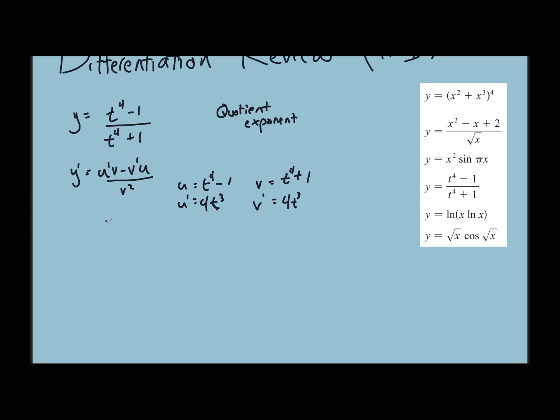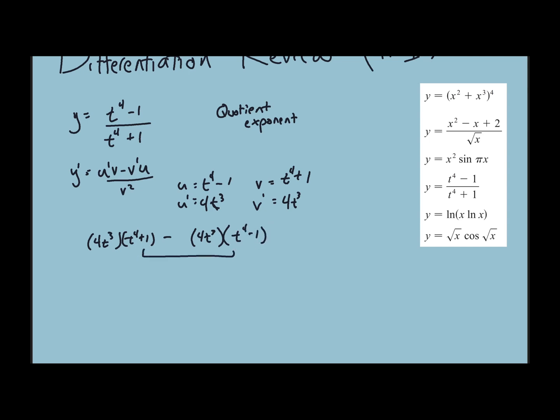So u prime v, we get 4t cubed times t to the fourth plus 1 minus, that's u prime v minus v prime u, so it's going to be 4t cubed again, t to the fourth minus 1.